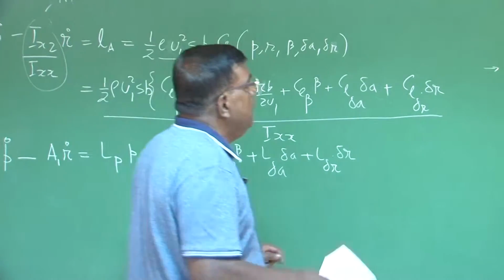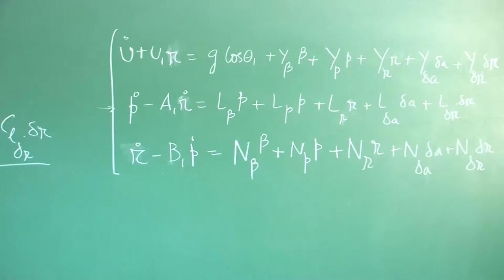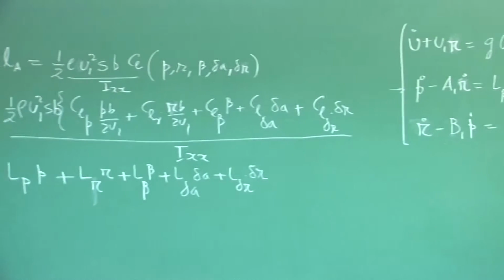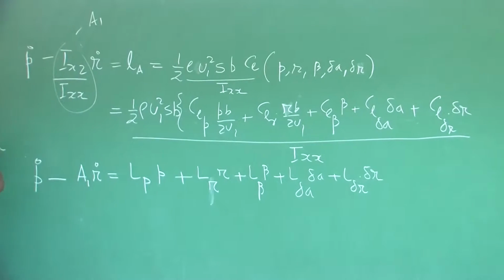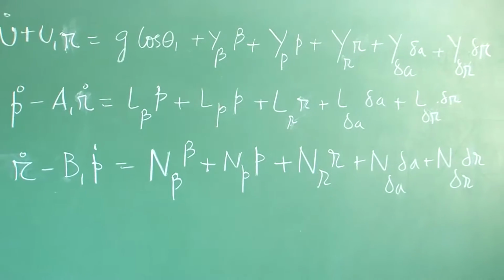Once I know this, and if I am happy with these equations, I want to work in the frequency domain, I apply the Laplace transform, and then the equations will take the form which was obtained for the longitudinal case.